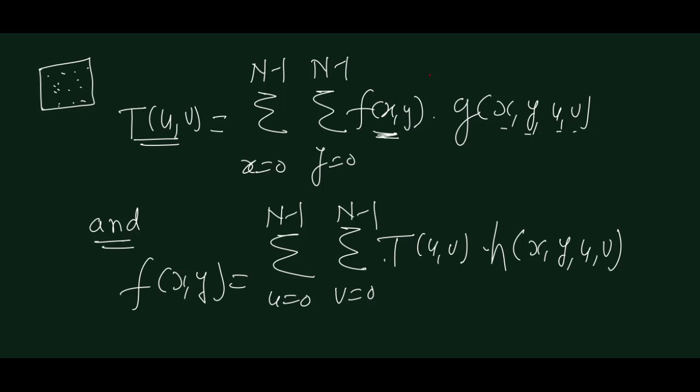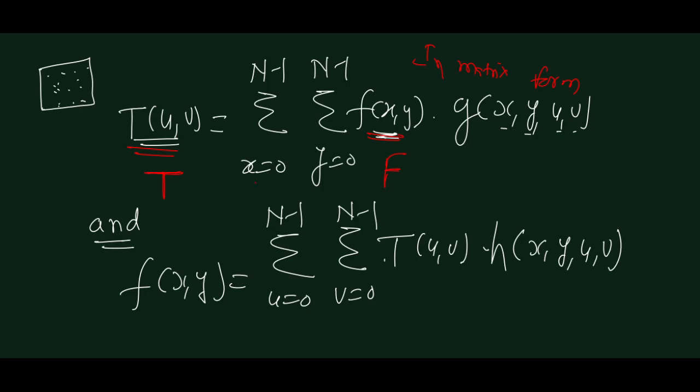In matrix form, let's say for the transform I am denoting it with capital T, and for the image I am writing here F.